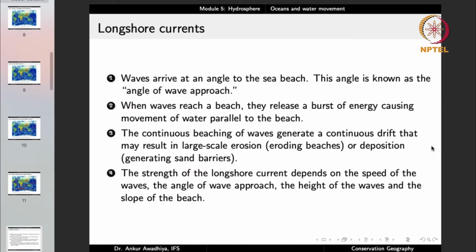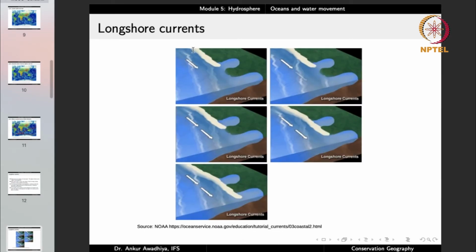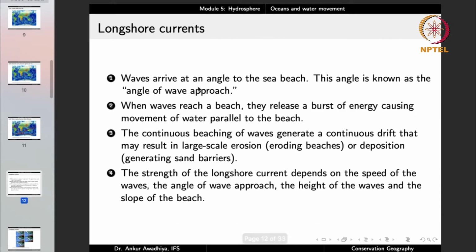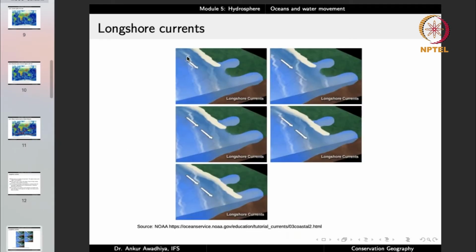Another current that we have is the longshore current. Waves arrive at an angle to the sea beach. The angle is known as the angle of wave approach. So essentially, if this is the sea beach, the waves are arriving at an angle to the sea beach. When waves reach a beach, they release a burst of energy that causes movement of water parallel to the beach. So when these waves hit the beach, there is a transfer of energy.